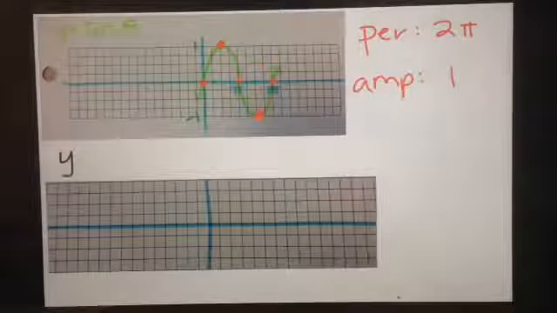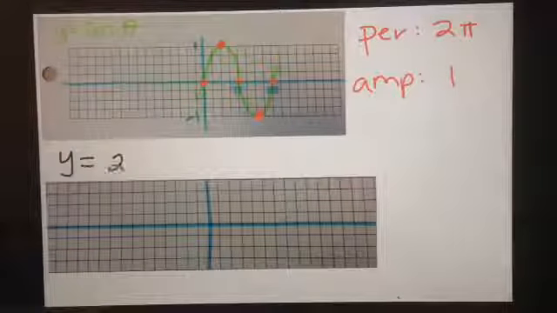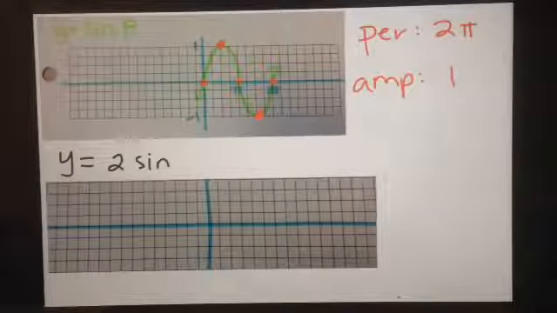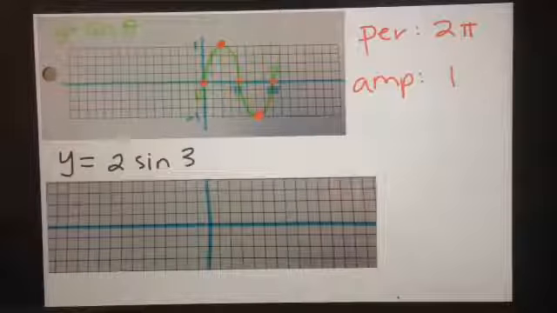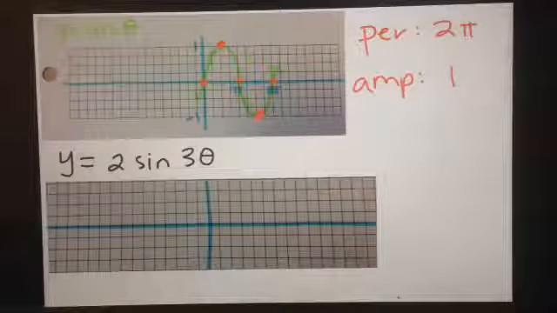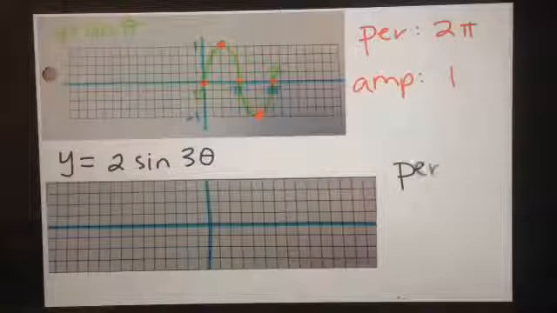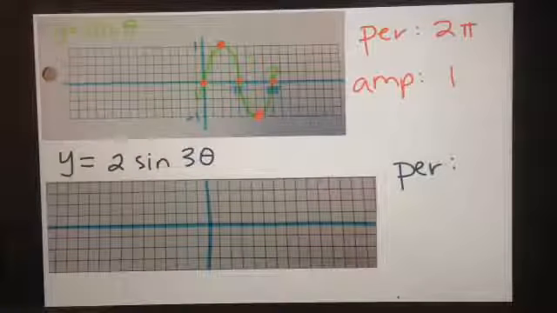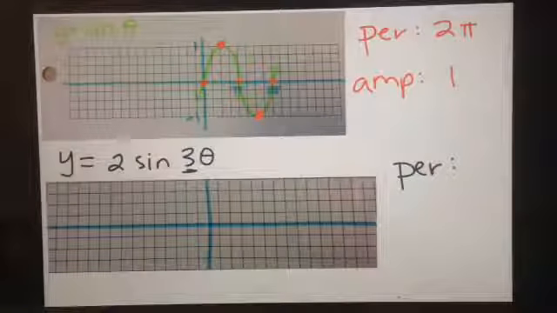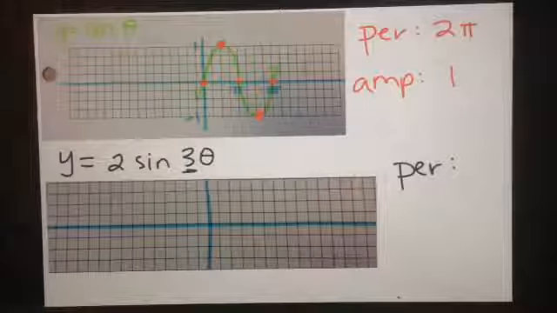So let's go ahead and graph y equals 2 sine 3 theta. Here's what I know about this graph. My period normally is 2 pi. The 3 in the front makes it look like my period should be 3 times as long, but it's always the opposite of what you would think.